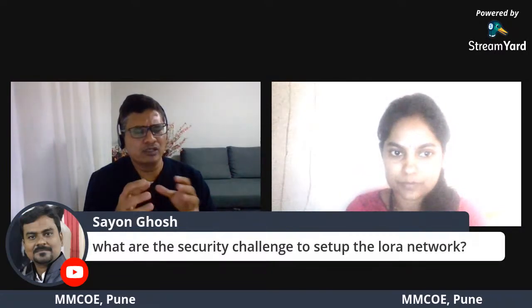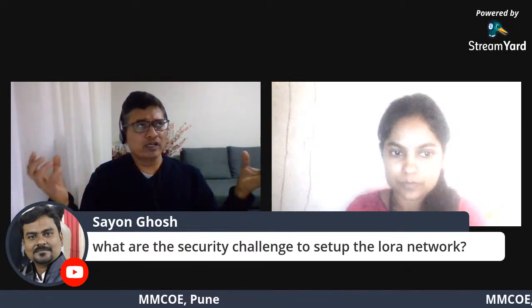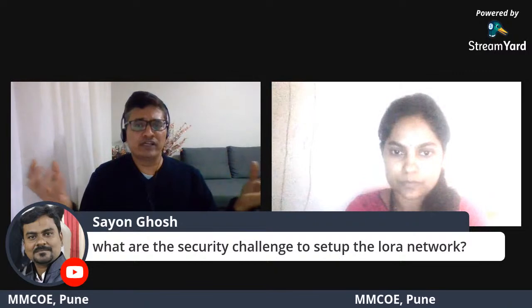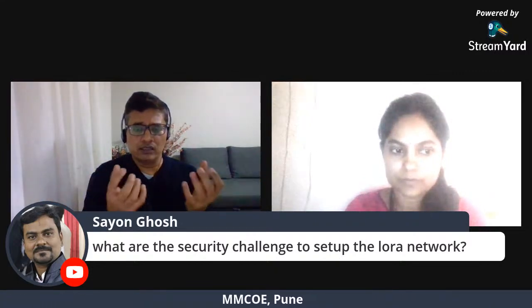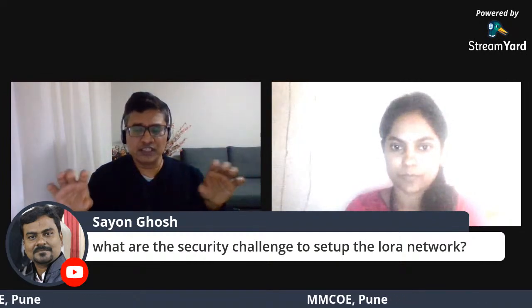See, the LoRa network is definitely set up on a gateway device, basically, right? Or on a sensor device. So when you have device to device communication, definitely you need to consider the security challenges.